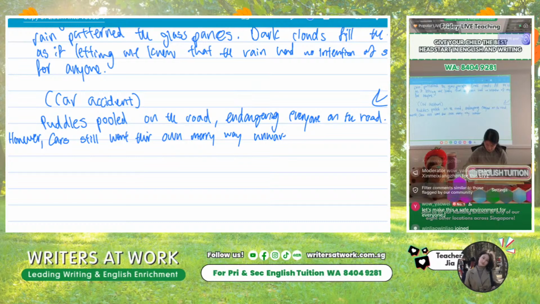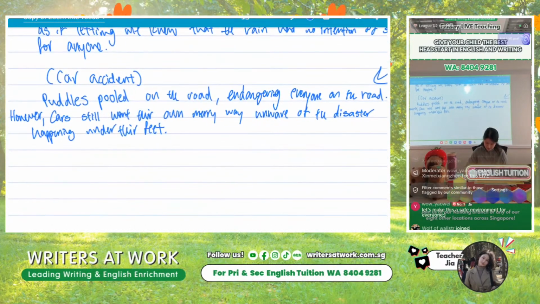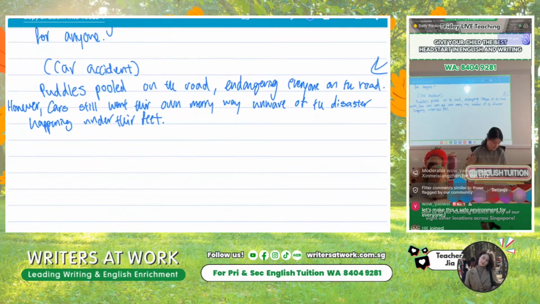Unaware of this disaster happening under their feet. Okay, so we're going to say under their feet because cars don't have feet, so there's a bit of... You can say tires if you're more comfortable with that.